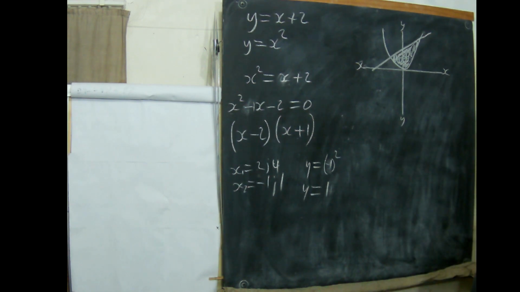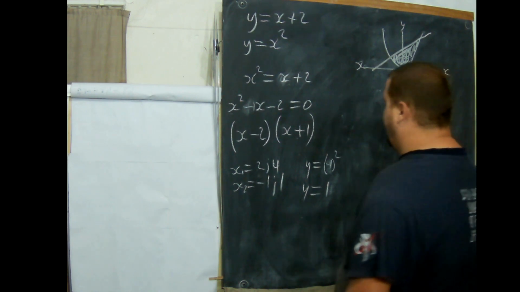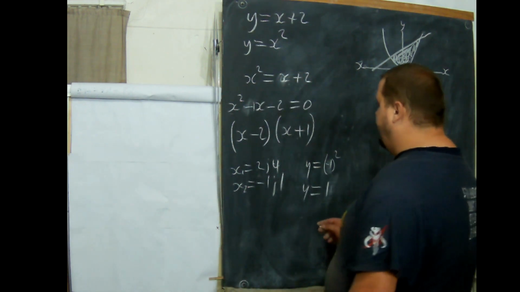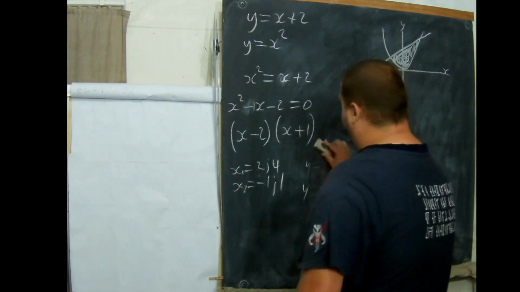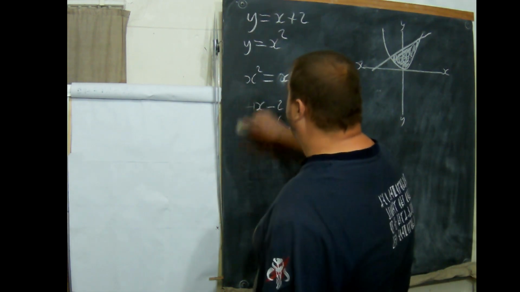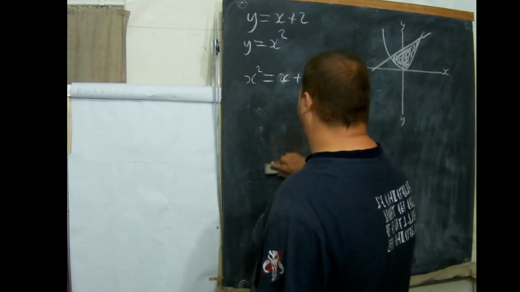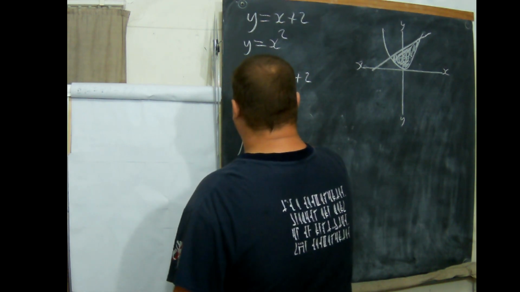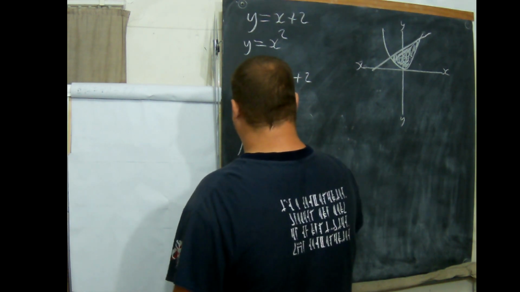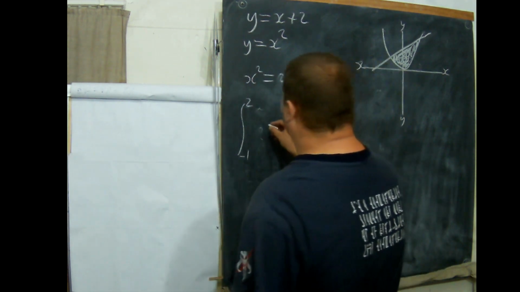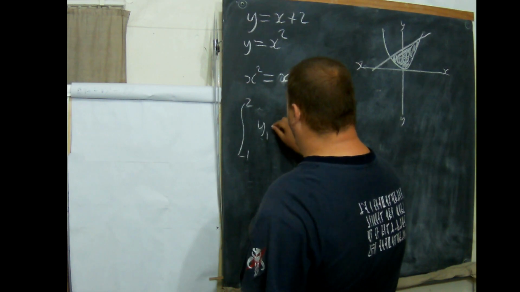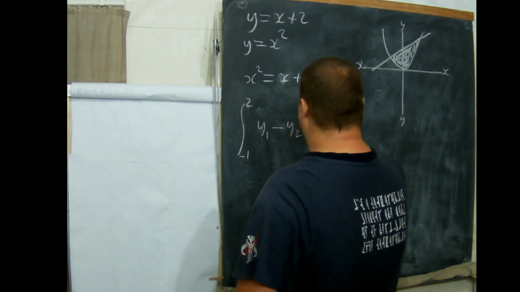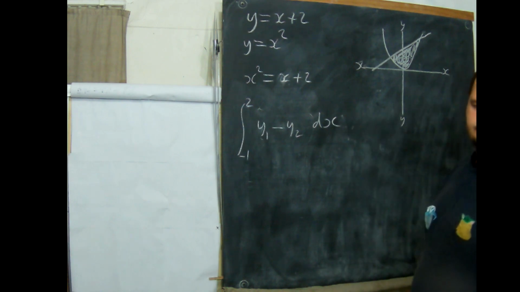But we need either the x coordinates or the y coordinates, and it's much easier doing this with the x coordinates. So when it's area bound by two curves, what we have is the integral from minus 1 to 2.